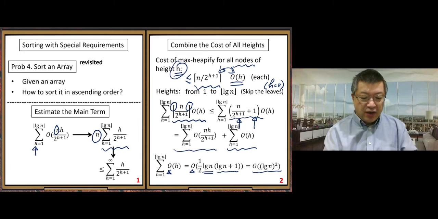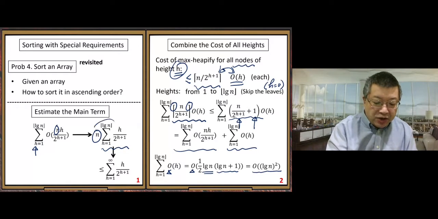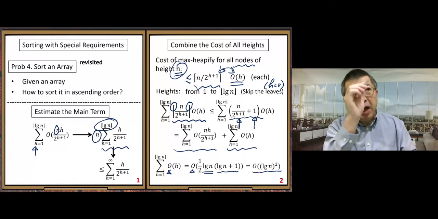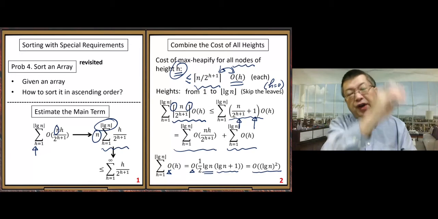All right. Here you can see, in order to make the summation a little easier, we replace the upper bound of the summation index, the counting variable, by infinity.